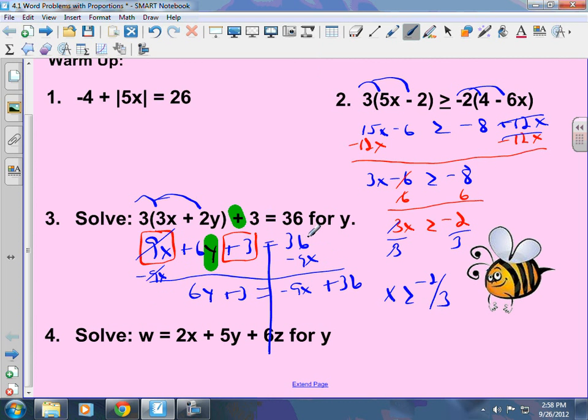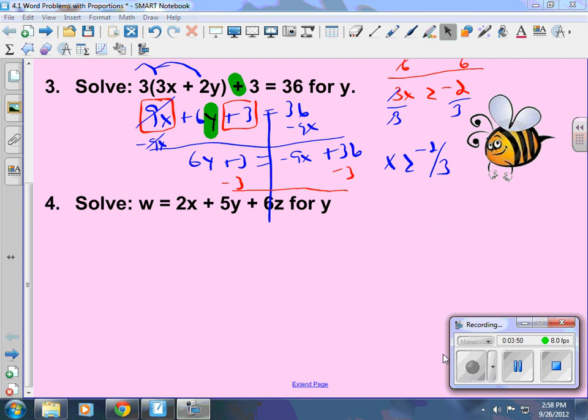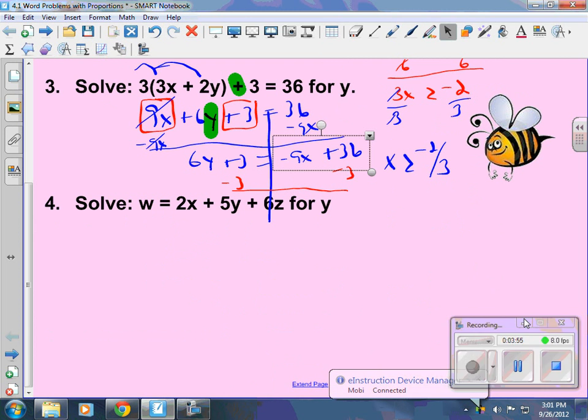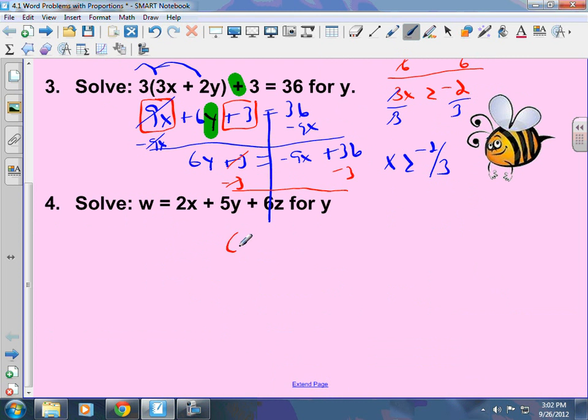I cannot combine these two numbers because they don't both have x's. And remember, the number with the letter has to go first. Now, I still have to get rid of my 3, so I subtract 3 from both sides. Notice how I lined up the 36 and the negative 3.